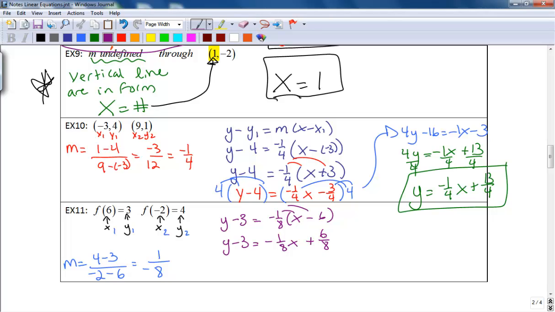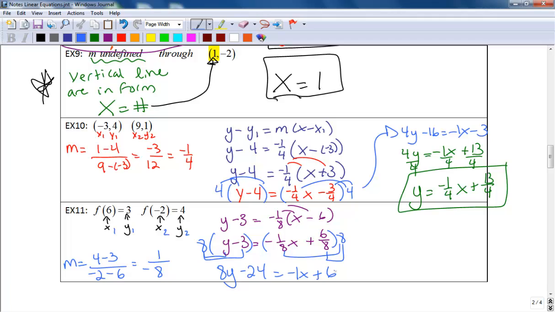And I'm not going to reduce that right now because we're about to clear the fraction. I want to clear the fraction. 8's my denominator, so let's multiply everything by 8. So I have 8y minus 24 is equal to, denominators cancel, so negative 1x plus 6. I no longer have a fraction, so the problem becomes easier.